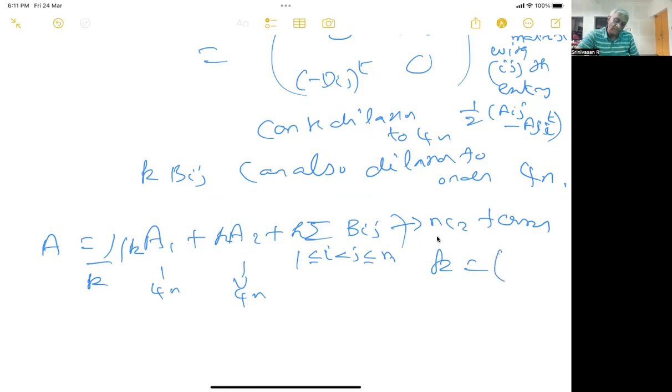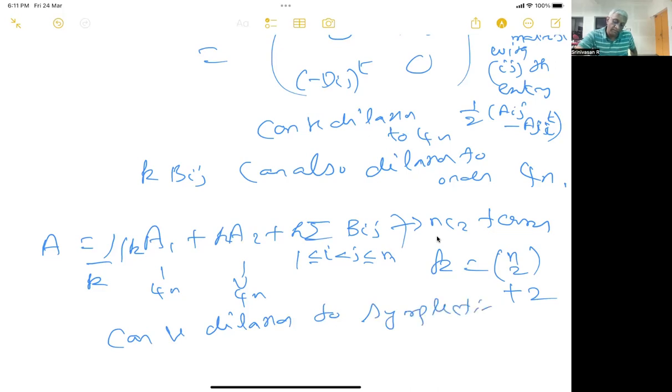Which is just nC2 plus nC2 plus 2. But A1 is dilated to order 8n, so this can be dilated to a symplectic matrix of order 8n.